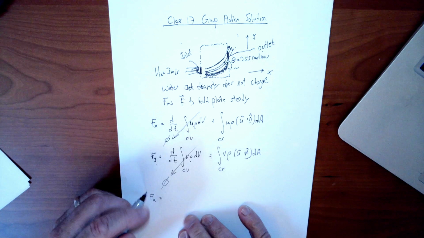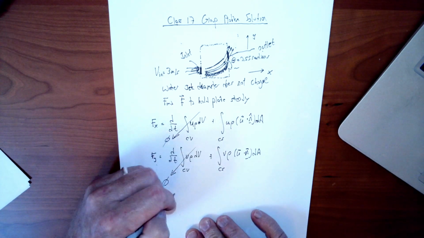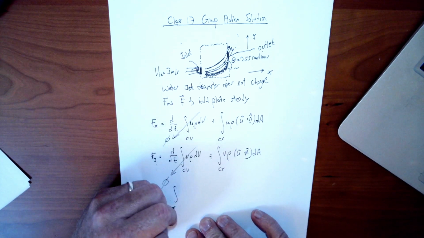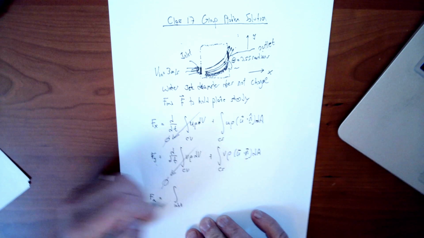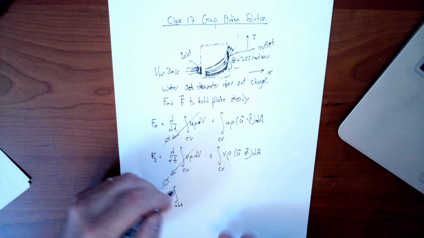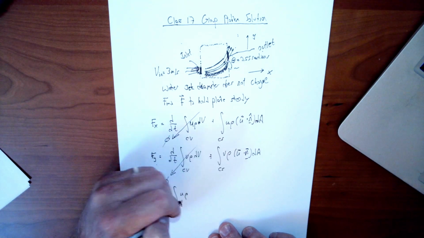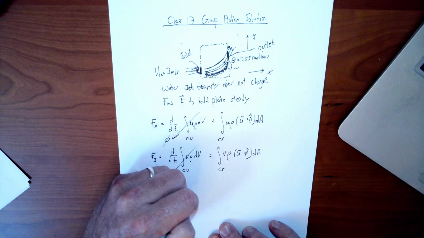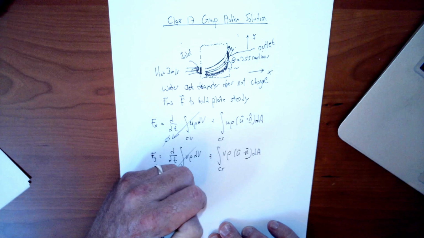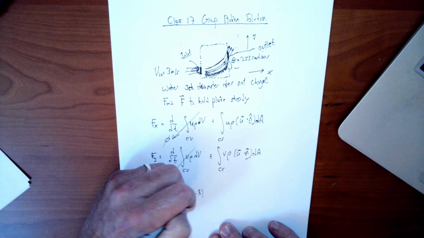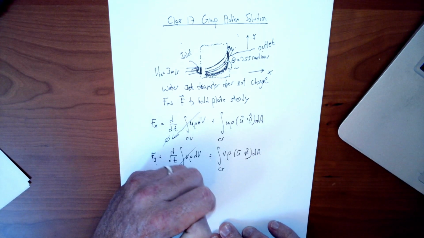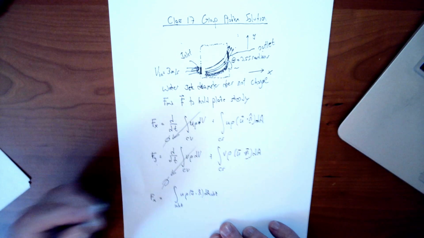So for fx, on the inlet, I'm going to go ahead and put inlet here. And I've got u, so that's going to be my velocity at the inlet, and then rho, and then u dot n hat, just like this. It's the same. I'm not actually going to change anything yet. I'm just going to say everything here is at the inlet.